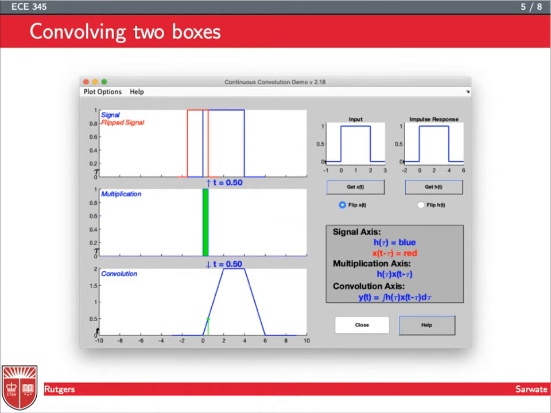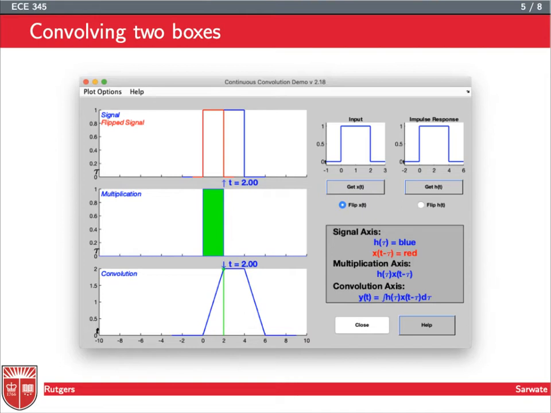Okay, now we start sliding across, and we're basically integrating the overlap between the two boxes. The output starts increasing linearly as we slide across, because we're adding area under the curve at a linear rate, since we're getting a bigger and bigger box as we go along. Now at this point, the two boxes overlap completely, and this is the maximum area under the curve we're going to get.